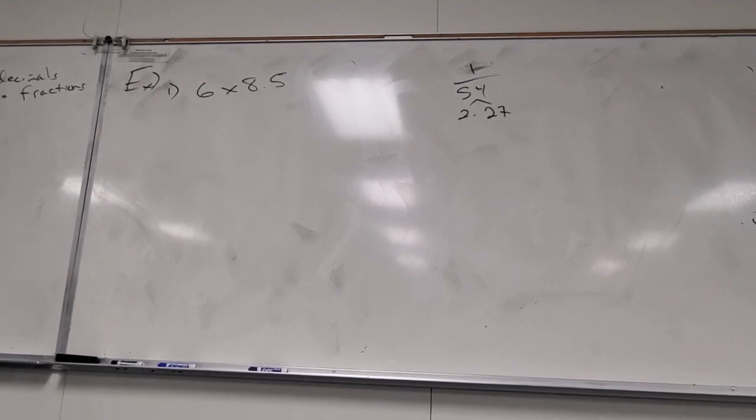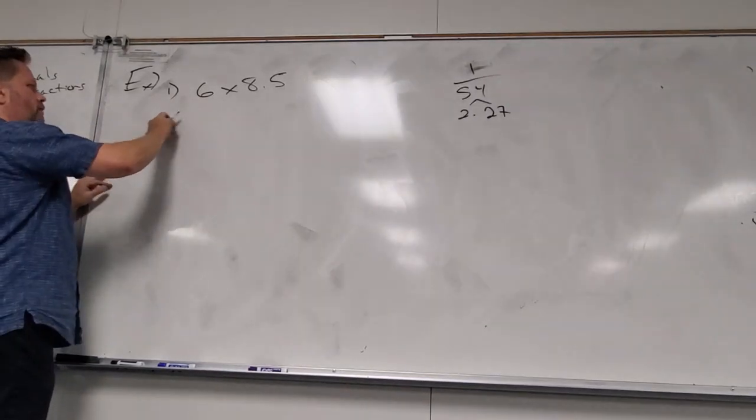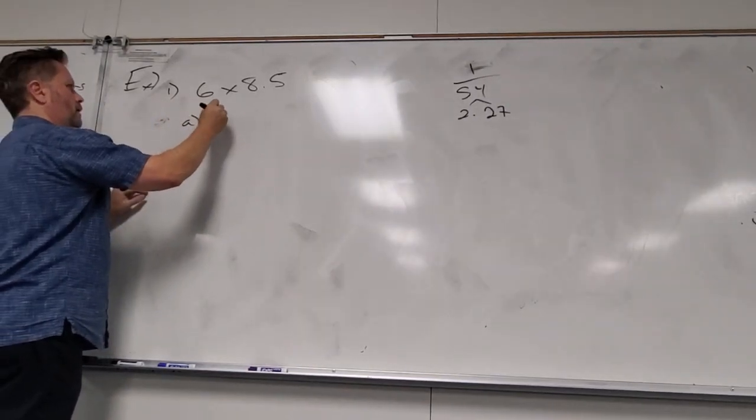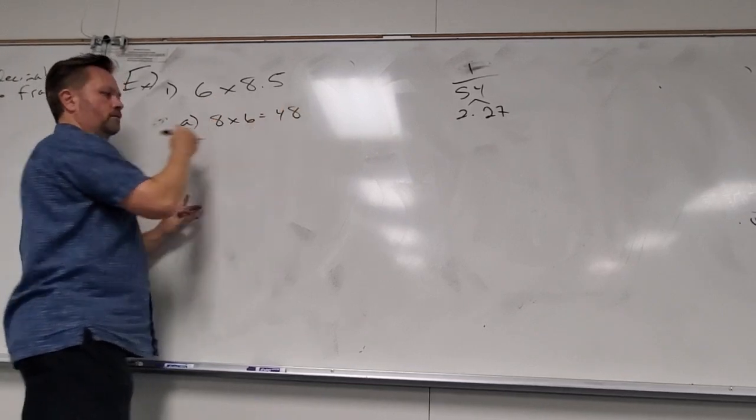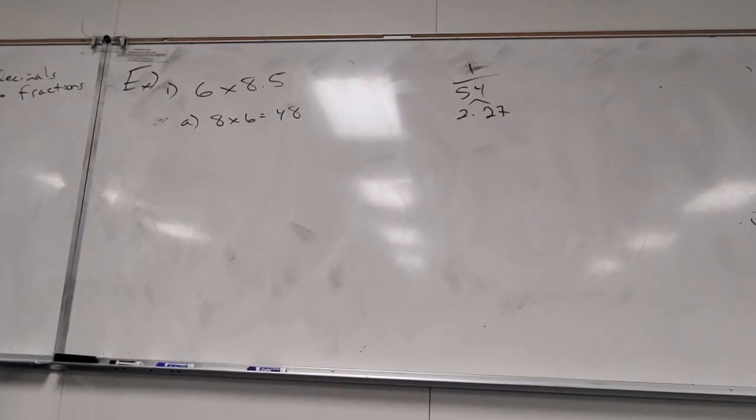Does anyone have any suggestions? Okay, start with 8 times 6. I'm going to put down suggestion A. So you do 8 times 6, which is 48. I don't want an estimate. I want to know the answer, right? So then what can you do from there?